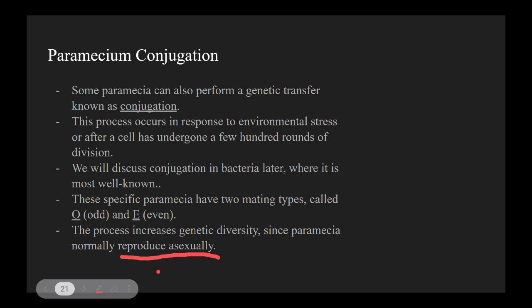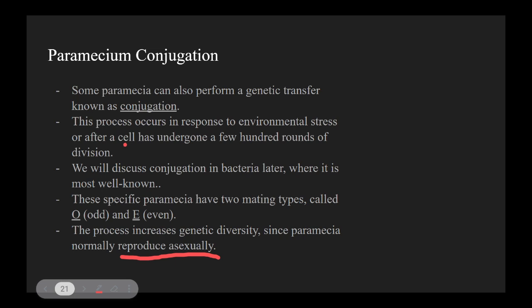If you recall from biology, having low genetic diversity is not favorable, because if the entire population is exactly the same and exactly adapted to the same conditions, then let's say the environment changes drastically. Now all of the population is just going to die out, right? Because they're not adapted to it. But if you have genetic variation, even if the environment changes a lot, some of the cells will probably be well adapted to that environmental change, so they can survive, and then the species can continue to grow. So that's why this conjugation is important.